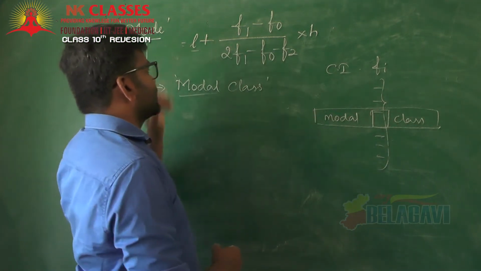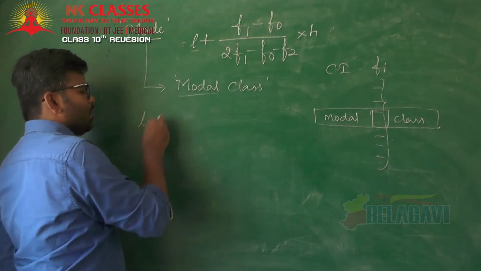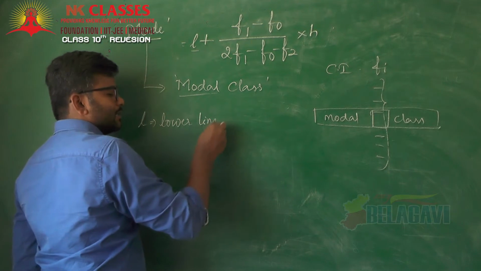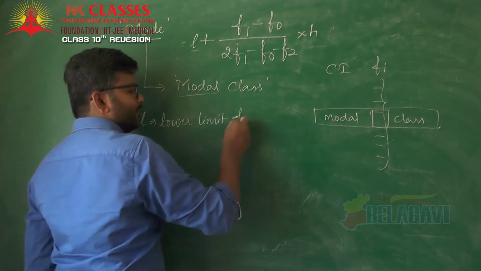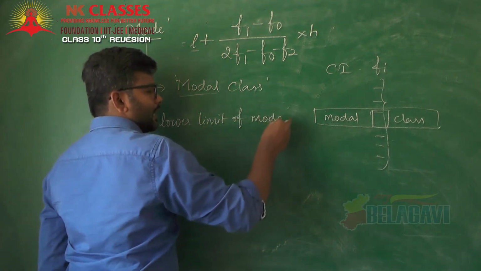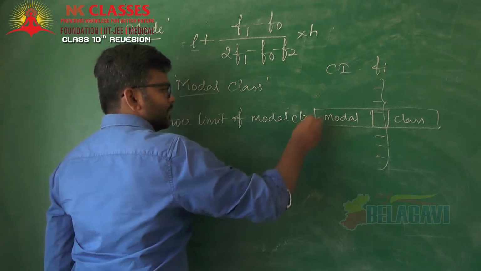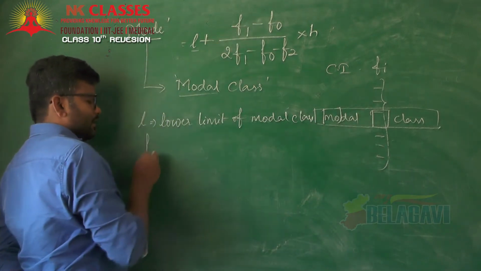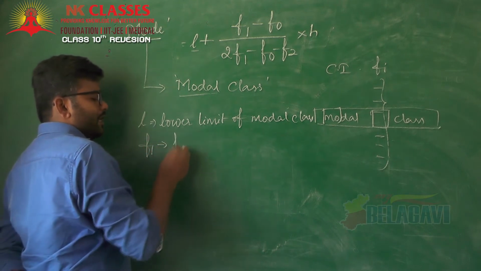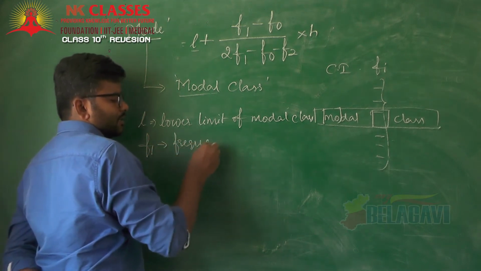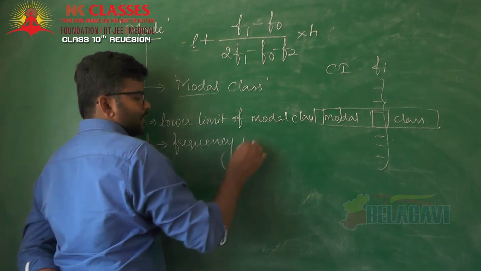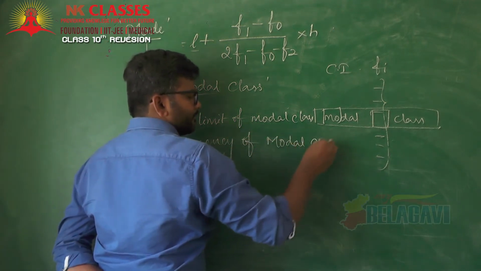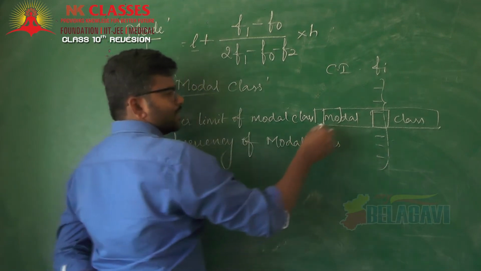Here L stands for the lower limit of the modal class. F1 is the frequency of the modal class, that is, the frequency corresponding to the modal class.